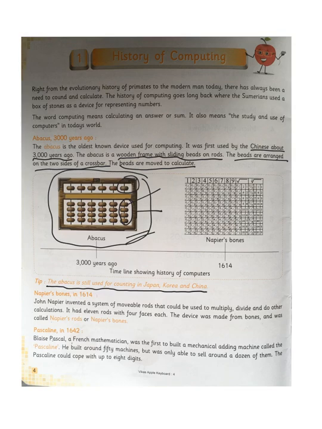Napier's bones is the machine which was invented in 1614. John Napier invented a system of movable rods that could be used to multiply, divide and do other calculations. It had 11 rods with 4 faces each. The device was made from bones and was called Napier's rods or Napier's bones. So John Napier is the person who made Napier's bones.